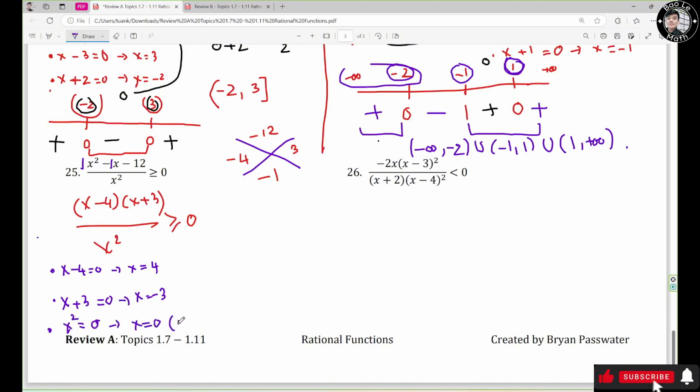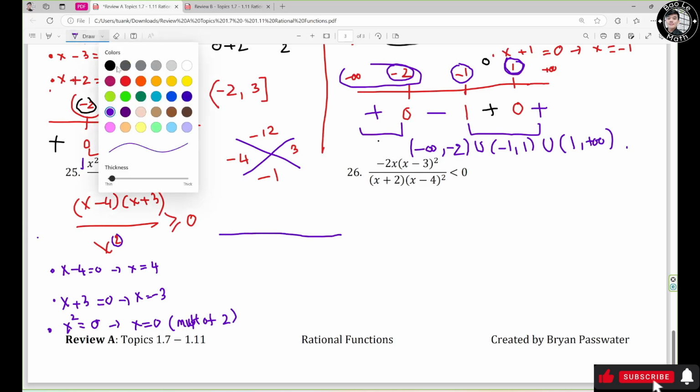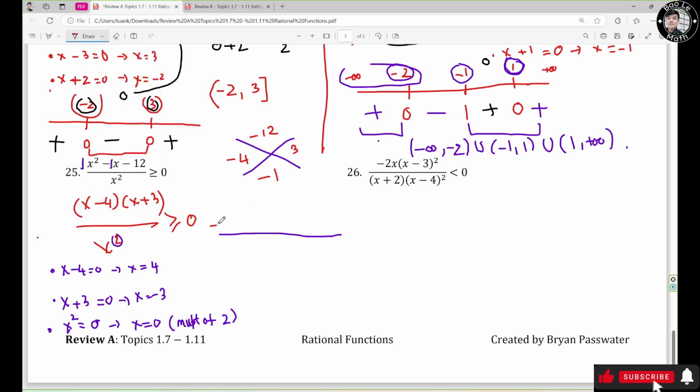This one is multiplicity of 2, so be careful on this 2 right here. Alright, so you need to place all of these on the number line. The left hand side is negative infinity, the right hand side is positive infinity. So negative 3 goes first, 0 next, and next one is going to be 4.